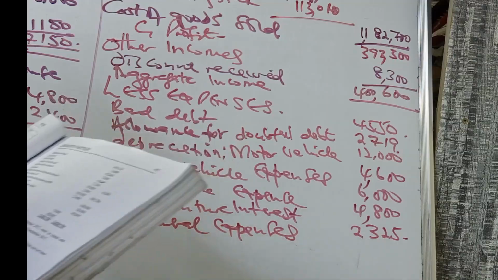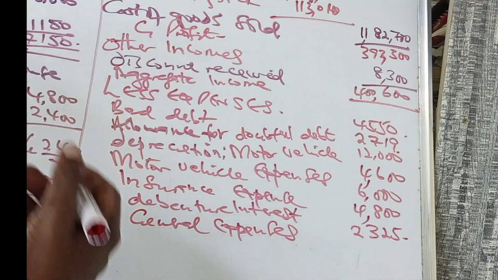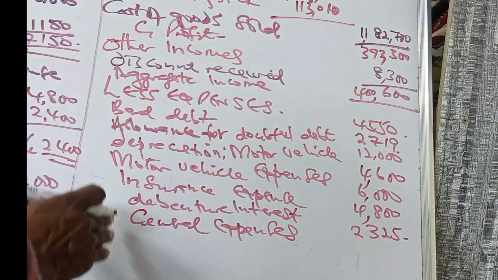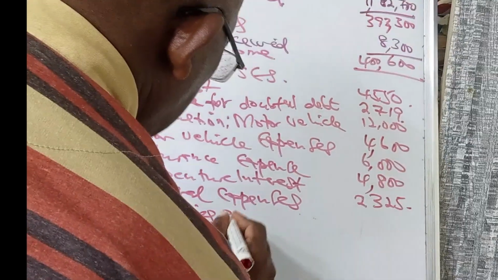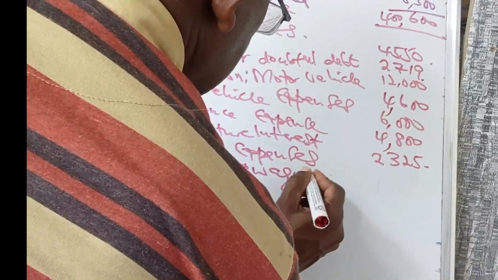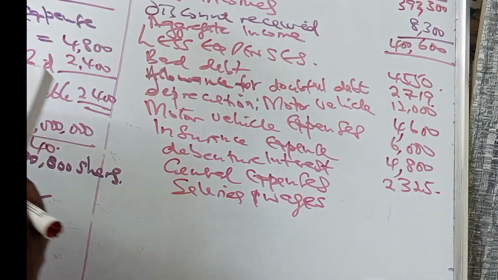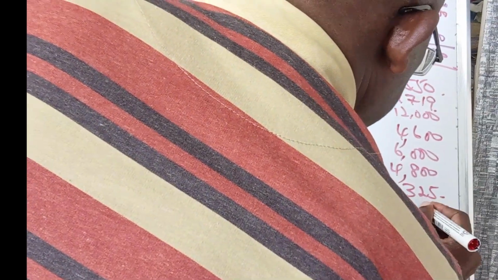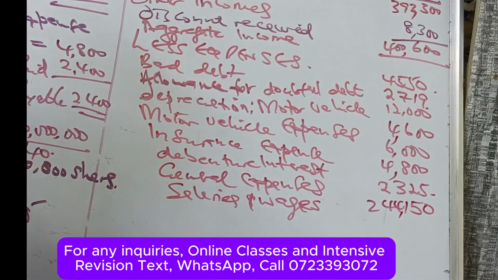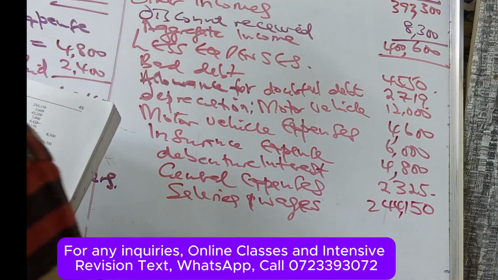Then salaries and wages. We never adjusted salaries and wages. We have salaries and wages amounting to 244,150.